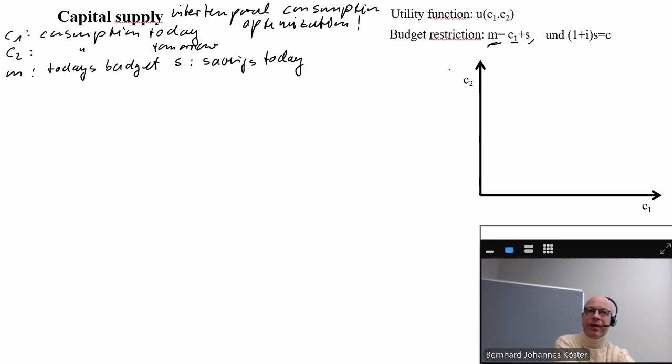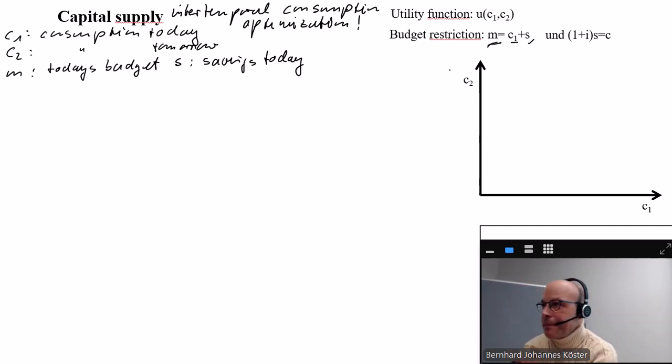And then we have a period where we are retired, where we have to finance our consumption because we have saved something in our working period. This is a so-called overlapping generations model, where we divide our overall living time into a time where we are working and a time where we are retired and not working anymore.